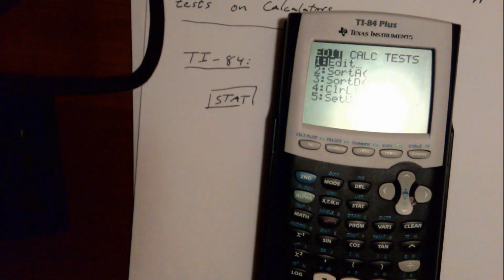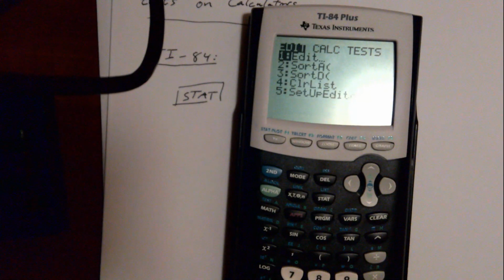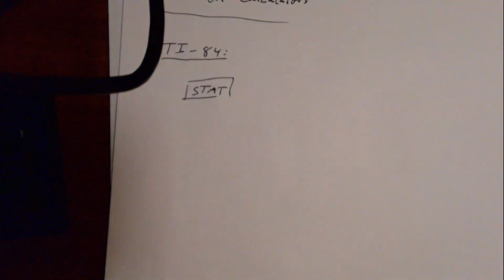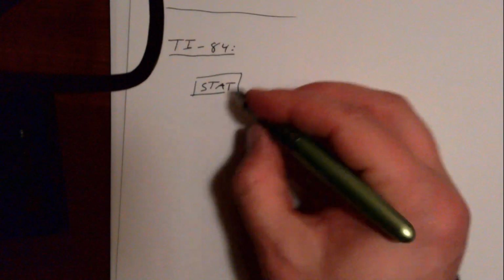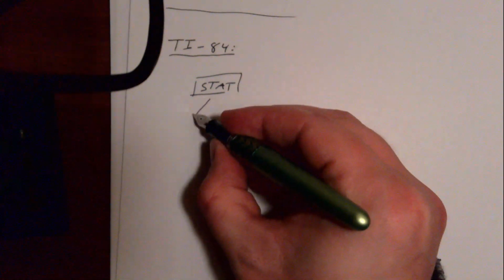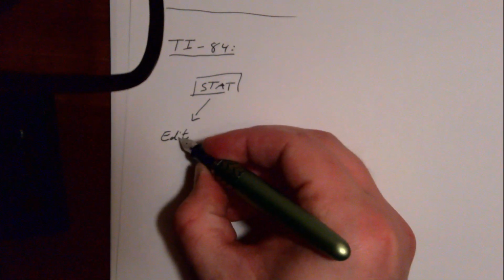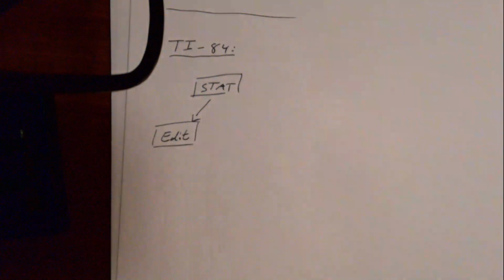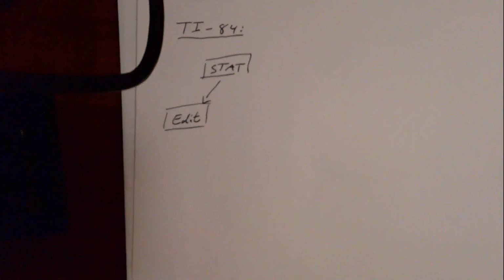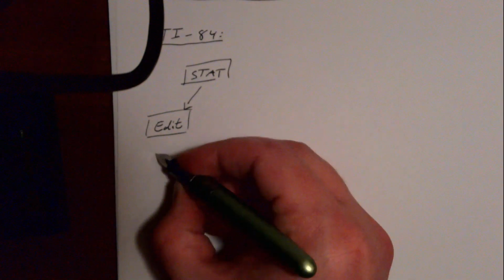It opens up these three options: edit, calculate, or tests. Specifically, we will or won't use edit depending on the nature of the information given to us. Edit is what you use if the problems you're trying to work out give you a list of actual data values instead of the summary statistics.